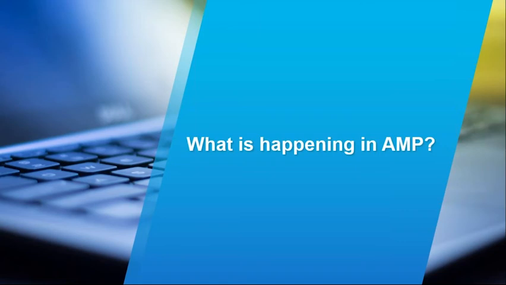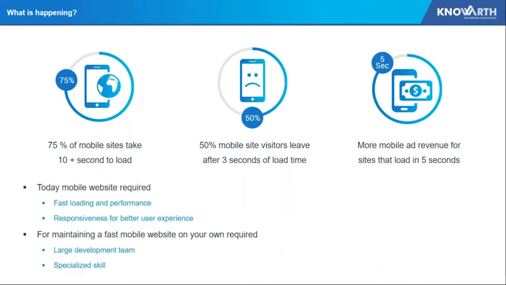So before jumping into AMP, first let's talk about what is happening in the current web world. In the current mobile scenario, 75% of websites take more than 10 seconds to load. Why does it take so much time? Because generally mobile pages make 1,000 plus requests, and they also consist of more than 5 ad networks.